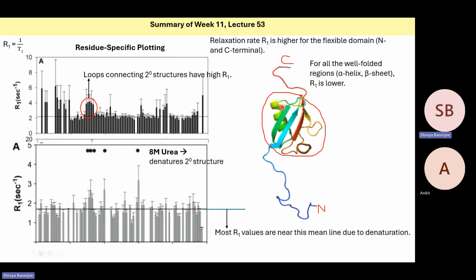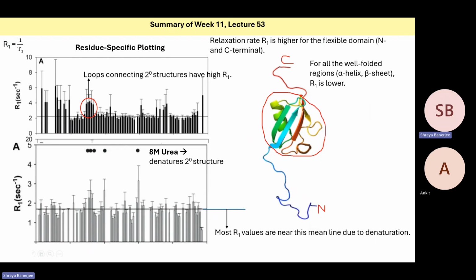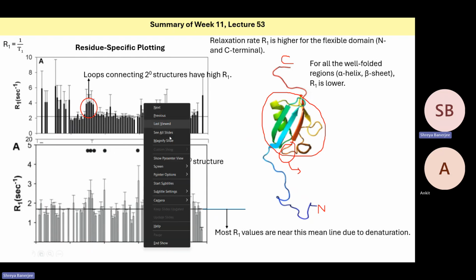Now within the folded region also, there are certain regions like this, which is a loop, which is more flexible compared to the folded alpha helix or beta sheet. In those cases, shown in red here, again the R1 is increasing.